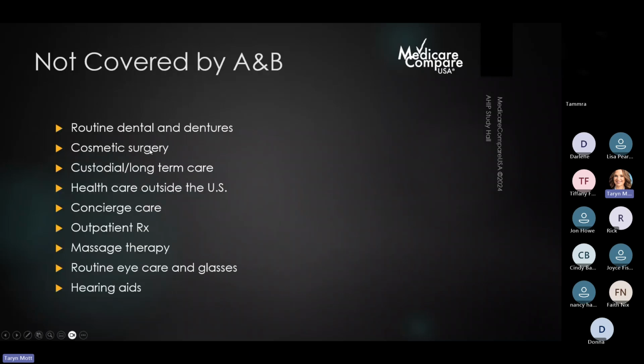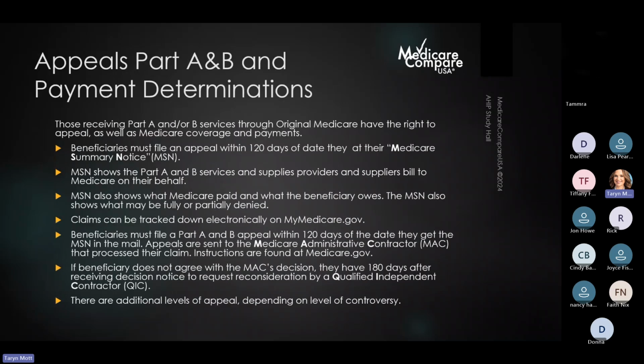It repeats a lot. Not covered by Medicare Parts A and B: routine dental and dentures, cosmetic surgery, custodial long-term care, health care outside the U.S., concierge care, outpatient prescription drugs, massage therapy, routine eye care and glasses, and hearing aids.